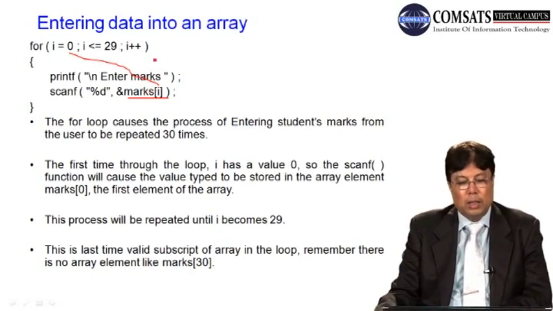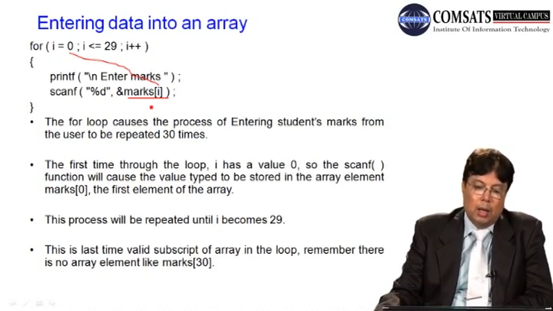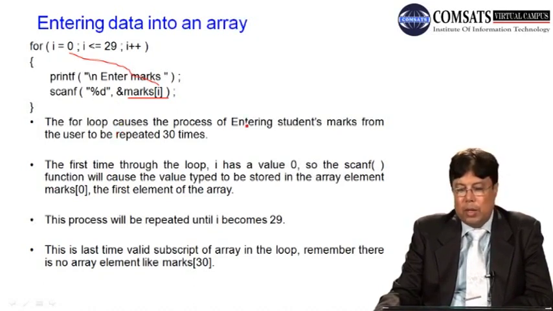So this loop will run 30 times from 0 to 29. So you should be able to enter 30 marks for 30 students inside the marks array. The for loop will cause the process of entering the student marks from the user to repeat 30 times.